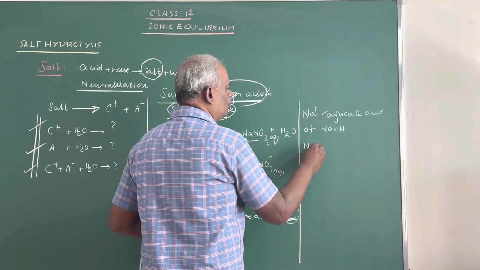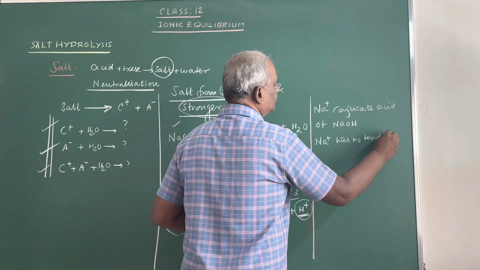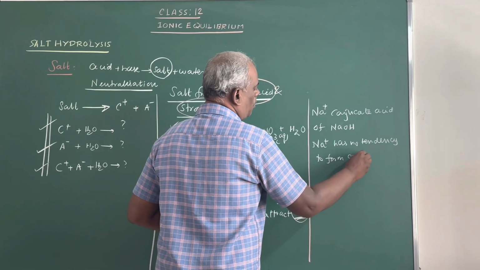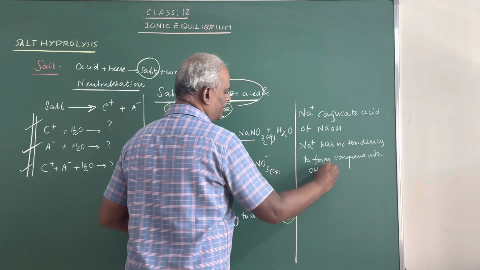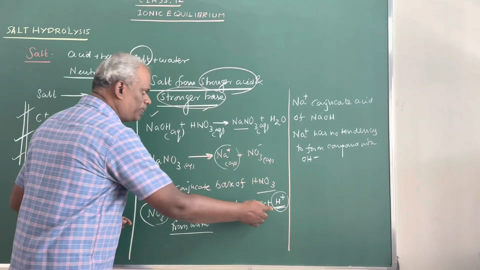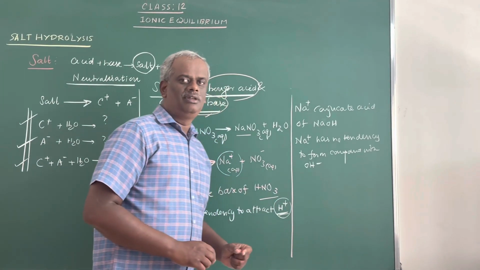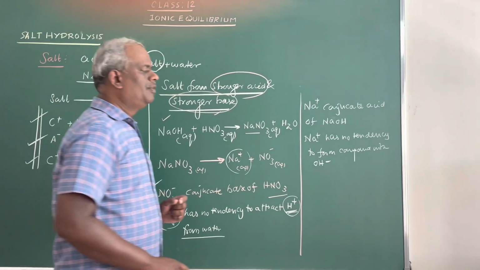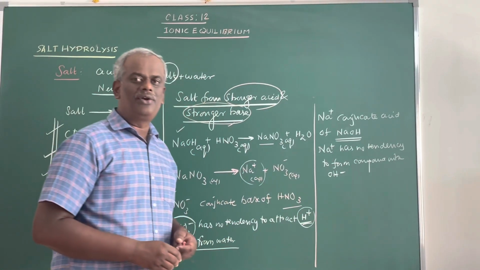Now, Na+ has no tendency to form a compound with OH-. So NO3- is not combining with the H+, and Na+ is not combining with OH-. NO3- is the conjugate base of HNO3, and Na+ is the conjugate acid of the stronger base sodium hydroxide.